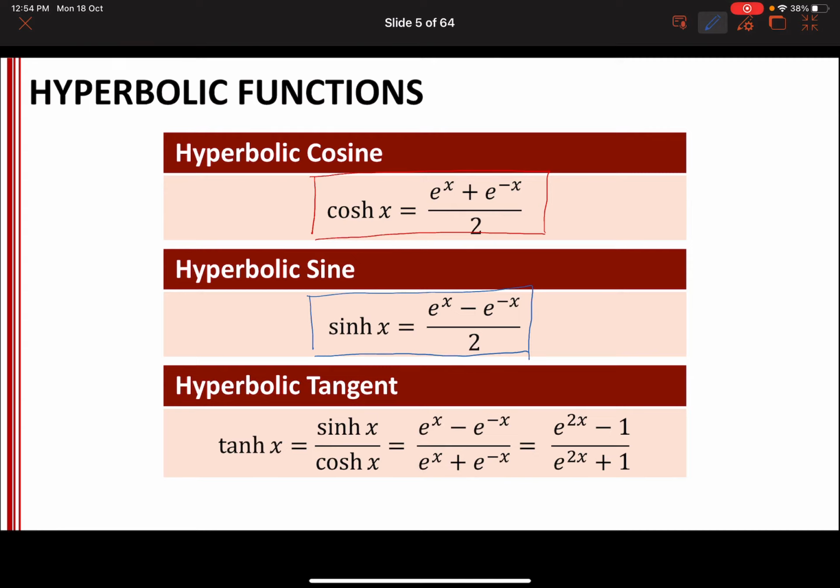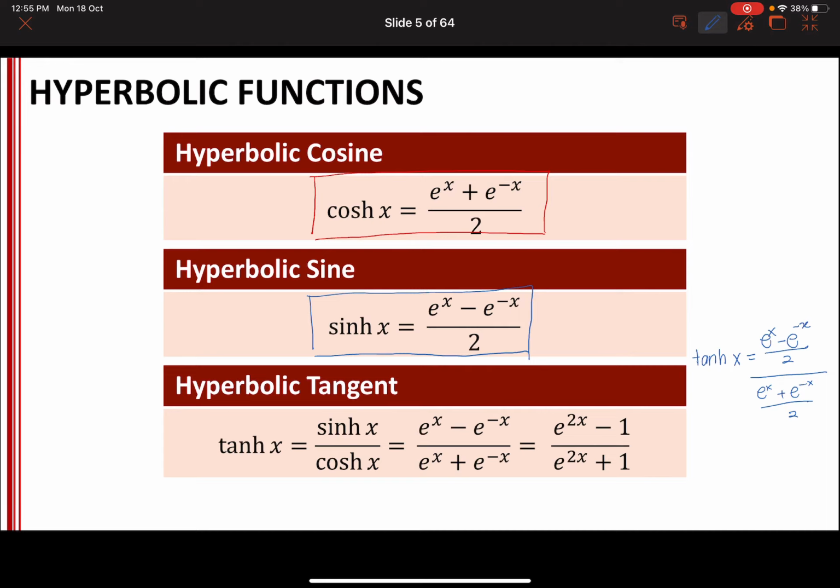And for tanh x, we know that tanh x is equal to sinh x over cosh x. So we know that sinh x is equal to e^x minus e^(-x) over 2, and cosh x is e^x plus e^(-x) over 2.